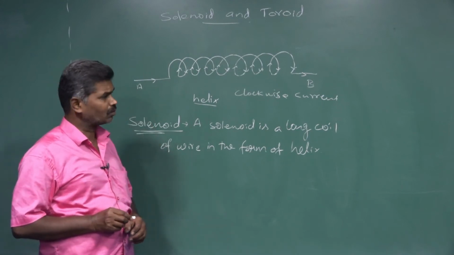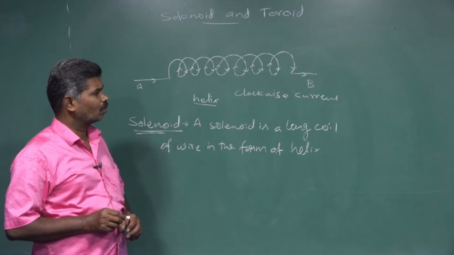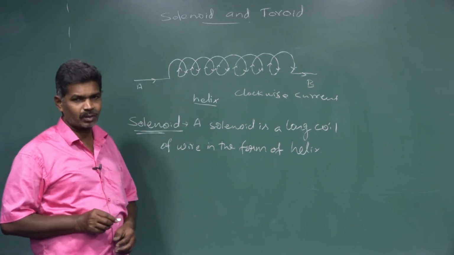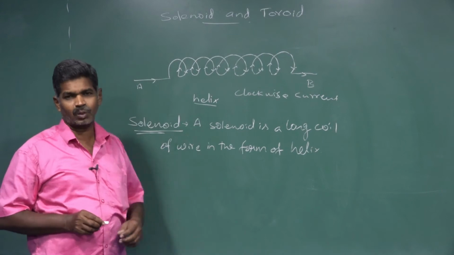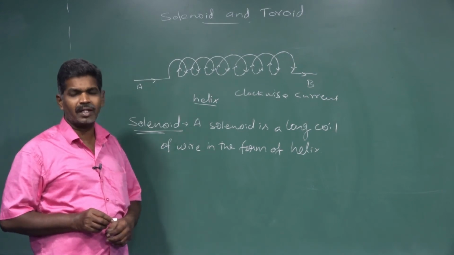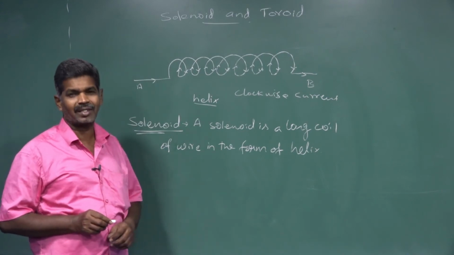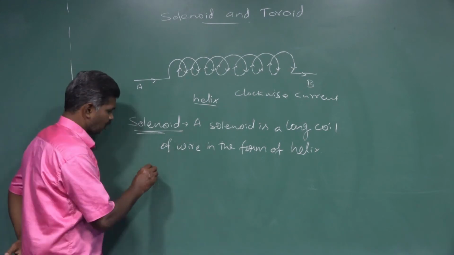We also have a direction of the magnetic field, which can be found based on the right hand thumb rule.